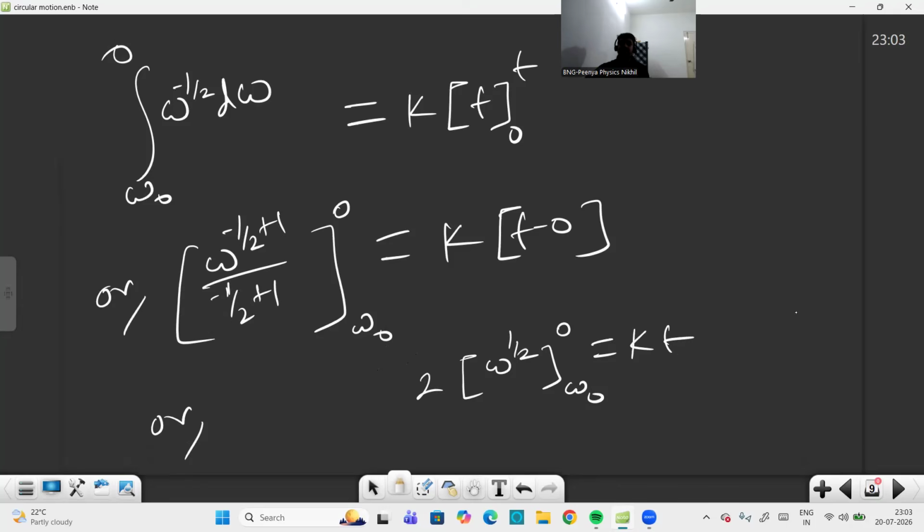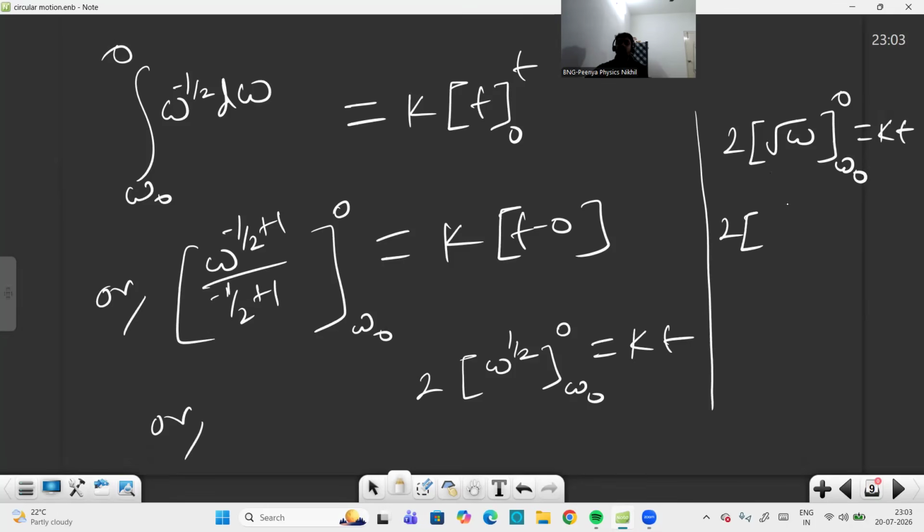So we can write in the next step it as 2 root omega 0 and omega naught equals to kt. So finally we will get here 2, 0 value will put here is 0 minus root omega naught equals to k into t. Correct.